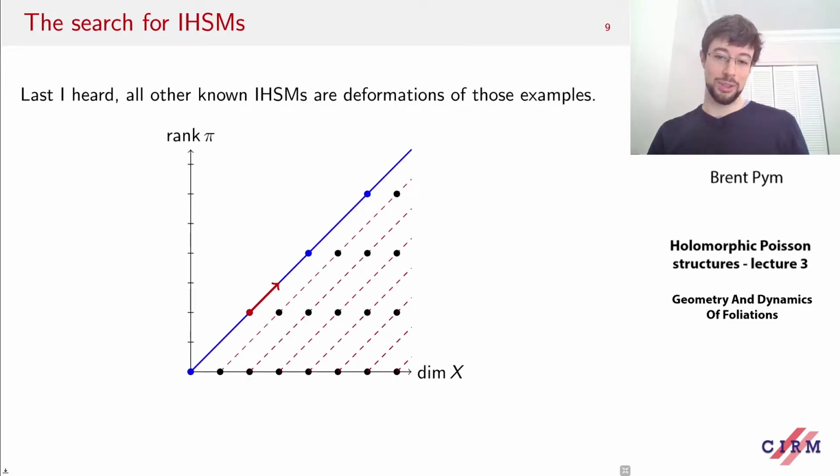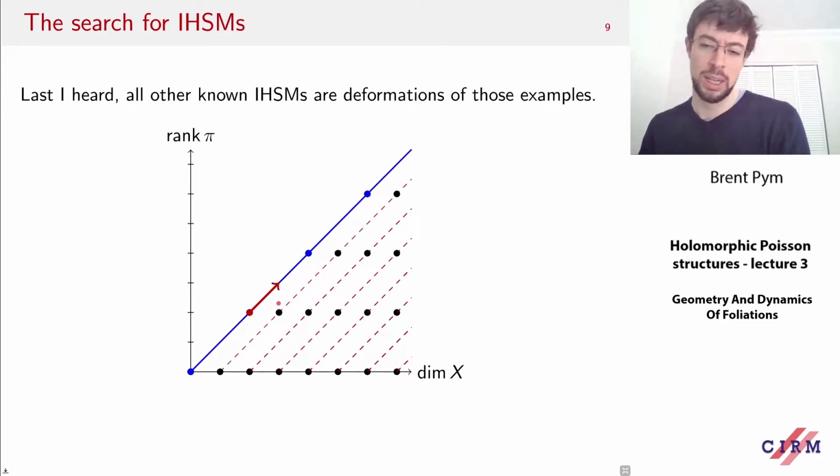So in terms of our picture, we could kind of say that along this blue line, corresponding to the irreducible holomorphic symplectic manifolds, the whole picture is somehow generated by surfaces.